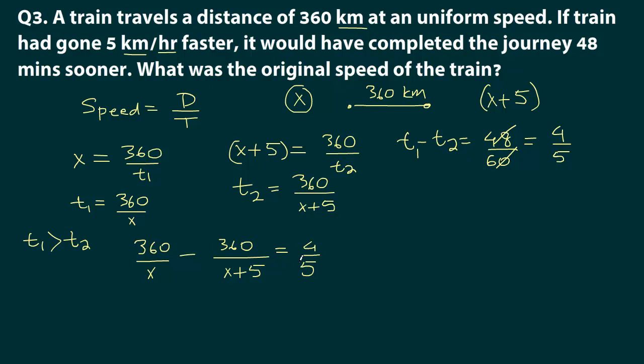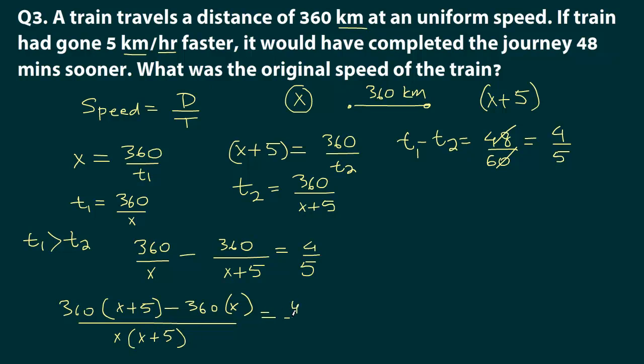Now we have to solve for this and find x, and x will be our answer. Let's do it real quickly. It will be 360 times x plus 5 minus 360 times x, the entire thing divided by x times x plus 5, and here we will have 4 over 5.